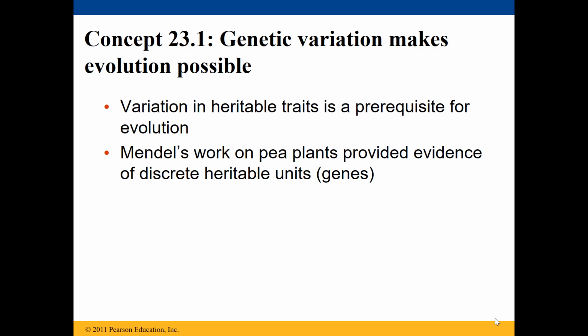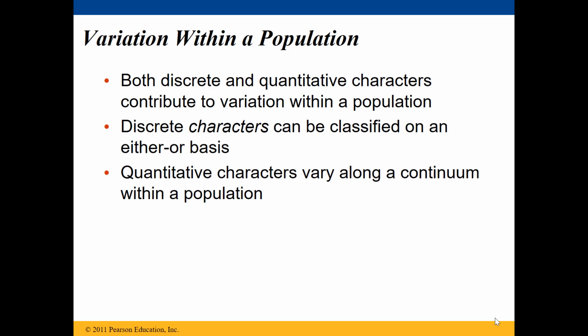Okay? You cannot have microevolution without variation. So then we have a question. And the question is, where does this variation come from? Where does the variation come from?